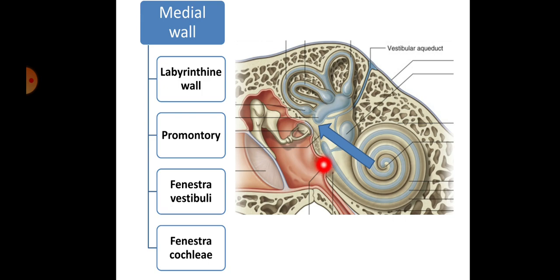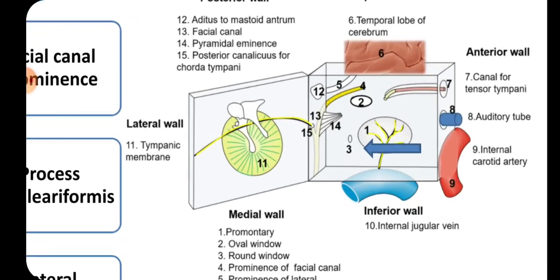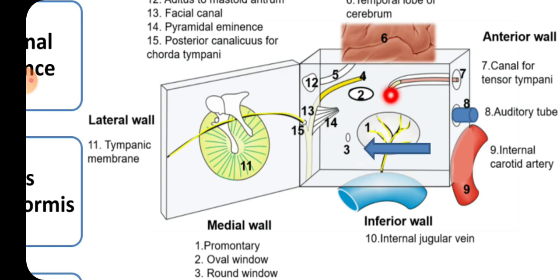This membranous structure is called the secondary tympanic membrane. So this is the tympanic membrane, and the fenestra cochleae is plugged by another membrane that is called the secondary tympanic membrane. See, this is about the medial wall, what we are discussing here.